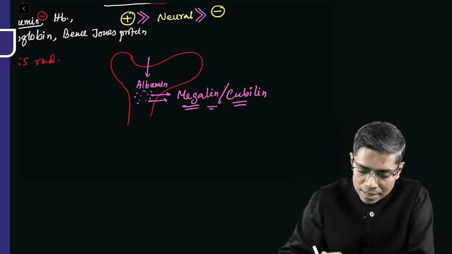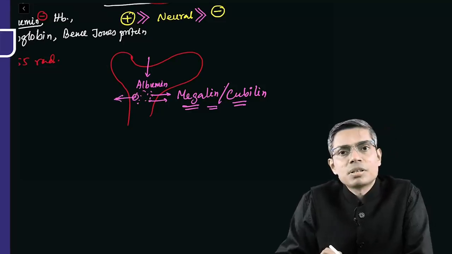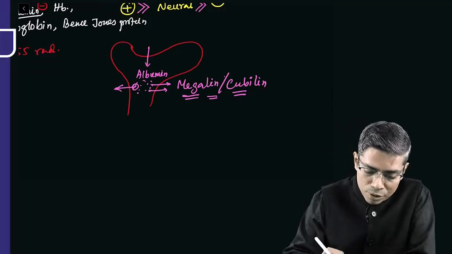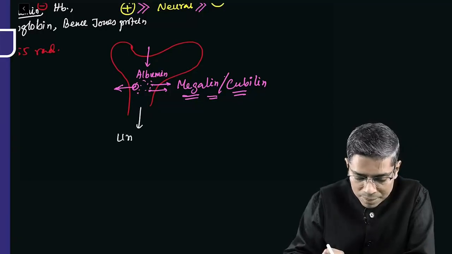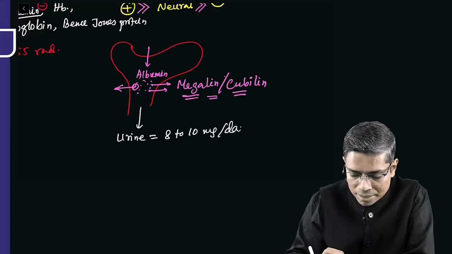So megalin and cubilin help in endocytic reabsorption of albumin, because of which the amount of albumin ultimately present in your urine normally is only 8 to 10 milligram per day.